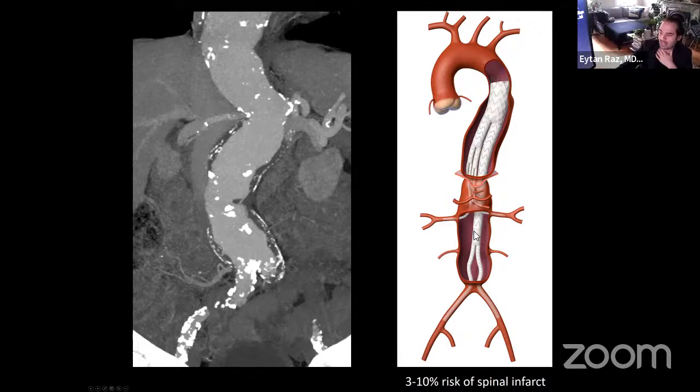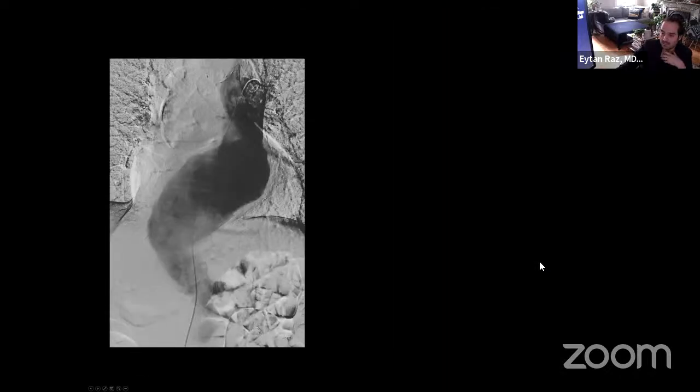One of the worst risks of this kind of treatment is that it can very frequently cause a spinal infarct. Why? Because you essentially cover all the collaterals to the spinal artery. So there have been instances where the vascular surgeon wanted to know where the anterior spinal artery comes from, to try to preserve it and not cover that specific segment in this particular patient.